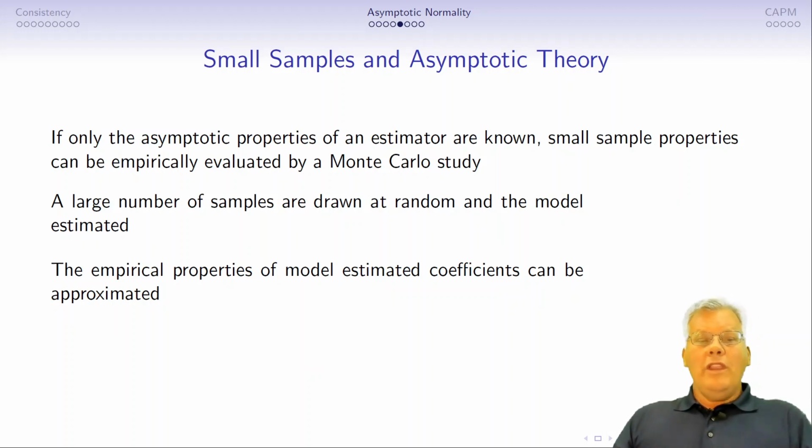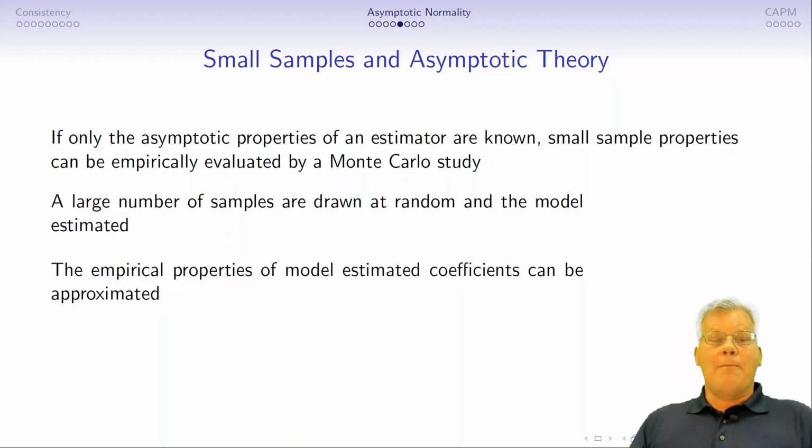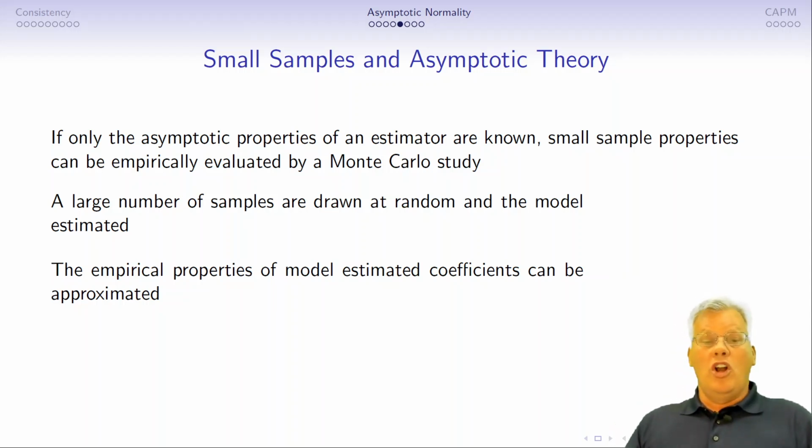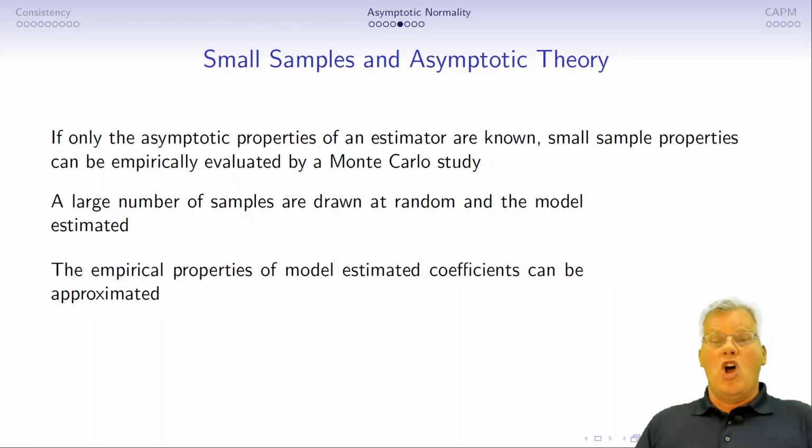Now, if only the asymptotic properties of an estimator are known, the small sample properties are unknown, but they can be empirically evaluated by randomization or Monte Carlo type studies. In a Monte Carlo study, a large number of samples are drawn at random and the model is estimated, and you, in essence, build an empirical distribution.